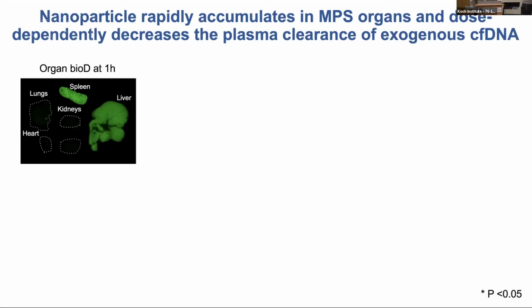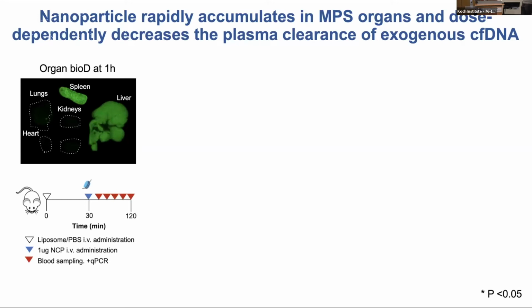And we then asked the question of whether these actually decrease the clearance of cell-free DNA, which was what we had hypothesized. To do this, we used a healthy mouse. We injected them with liposomes or PBS and subsequently administered mononucleosomes carrying a known DNA sequence that we could track by qPCR and performed longitudinal blood sampling after that.